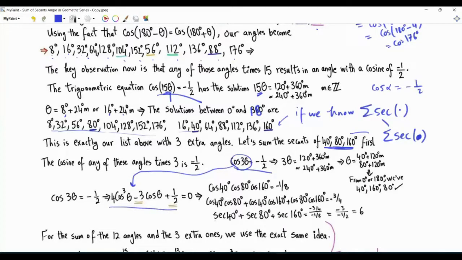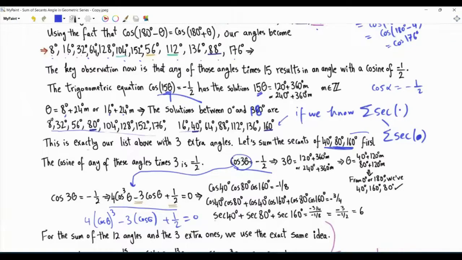So we have a cubic equation in cosine theta: 4 times cosine theta, think of it as a variable, cubed, minus 3 times cosine theta, plus 1/2. That's a cubic equation, and it is satisfied by those angles from 0 to 180 degrees, 40, 80, and 160 degrees.